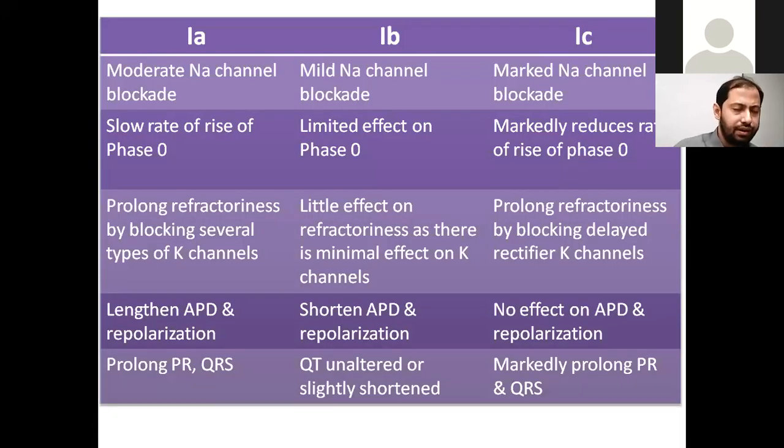Class 1 drugs are further divided into class 1A, class 1B, and class 1C, and we can differentiate these classes on the basis of the efficacy of these drugs. The drugs included in class 1A produce moderate sodium channel blockage.